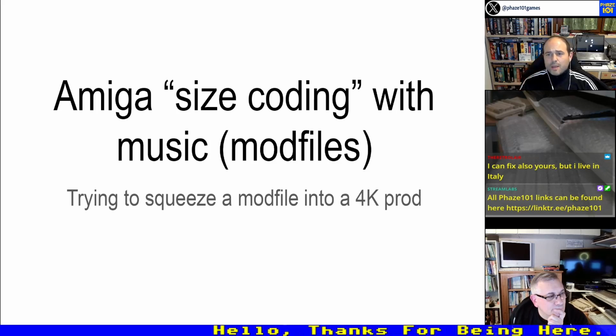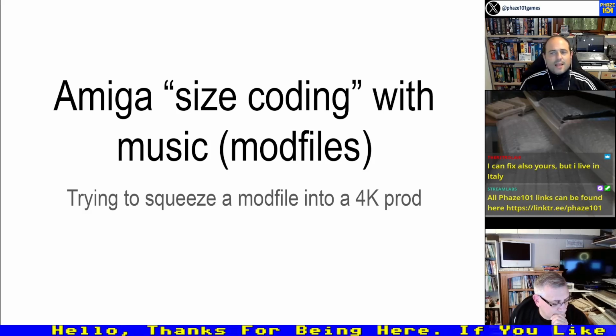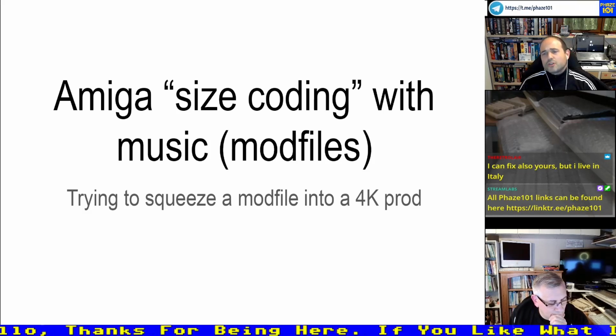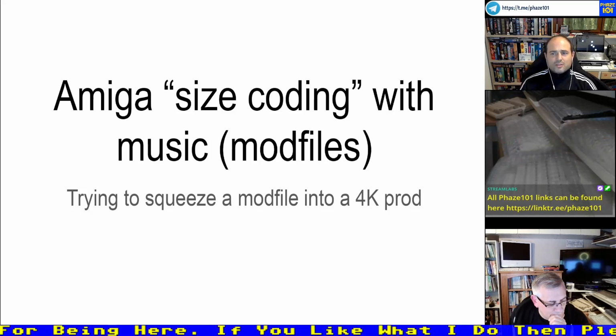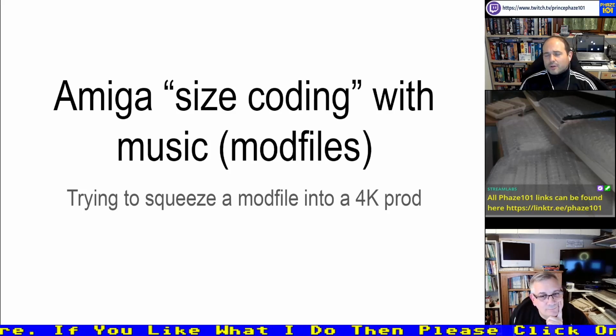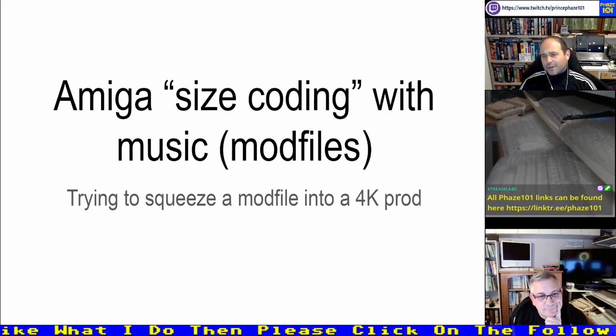There are no competitions, as far as I know, in this category. Usually at a demo party, there are two main sections for the Amiga, the demo competition and the intro competition. With the demo competition, there is virtually no limit. In the intro competition, usually they give you 64K.